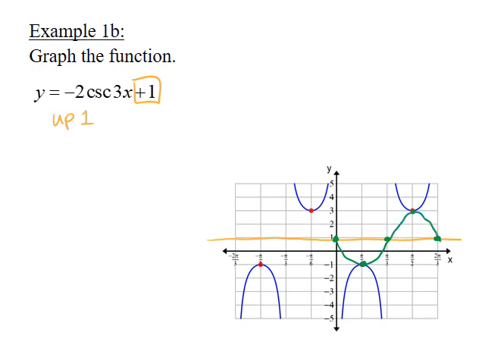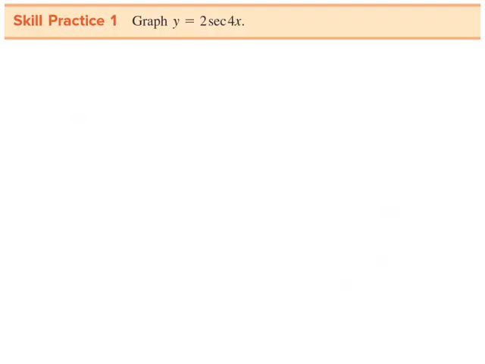So this would be the graph of sine, and then the asymptotes will still occur, not where it crosses the x-axis now, but wherever the baseline is. So since we shifted up 1 unit, our asymptotes have changed. Okay. Pause the video and give this one a try.